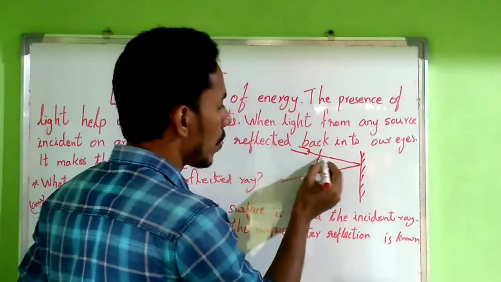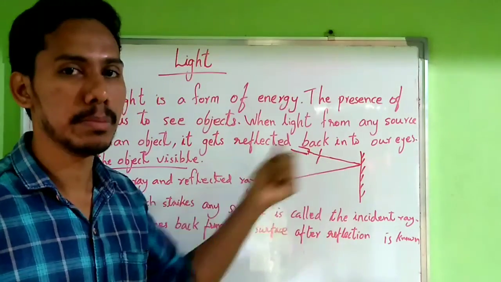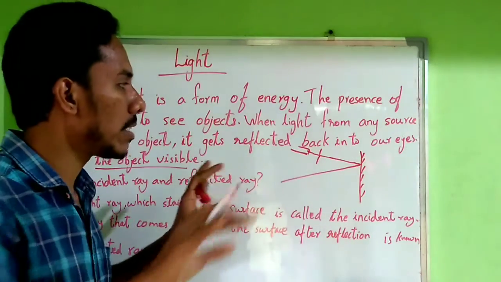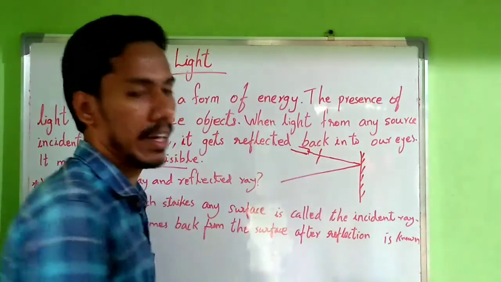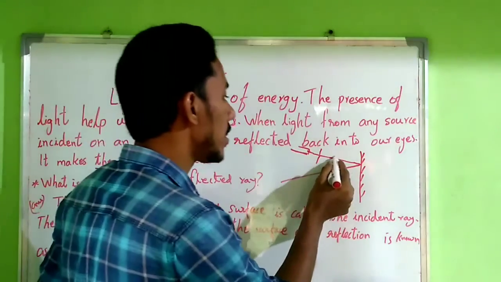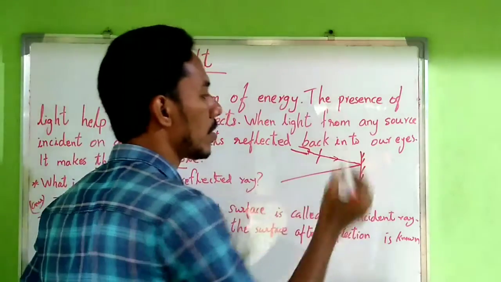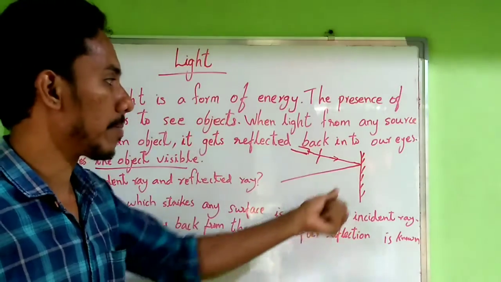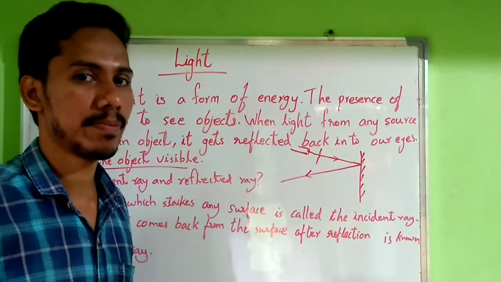This strip helps to narrow the beam. The broad beam of light is limited into a straight ray of light, and it passes through that strip and hits this plain mirror and gets reflected back.